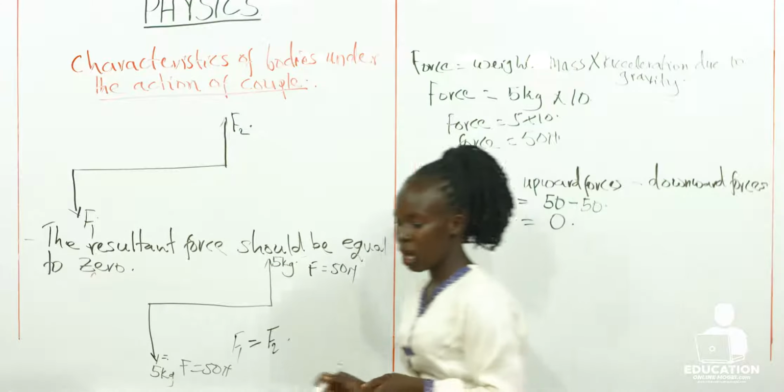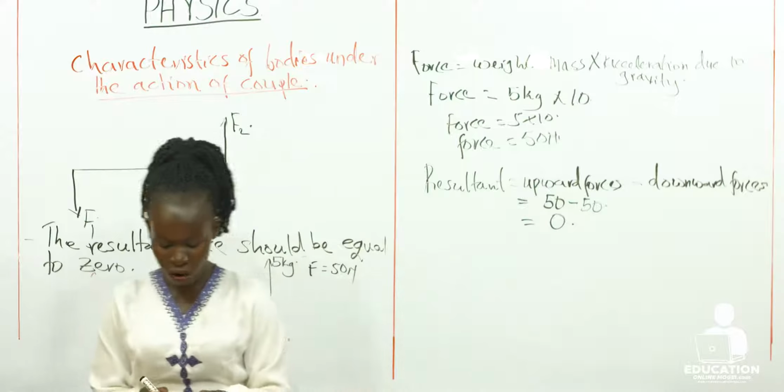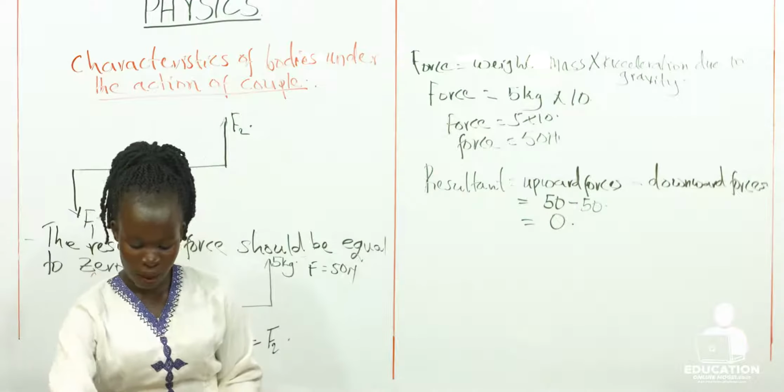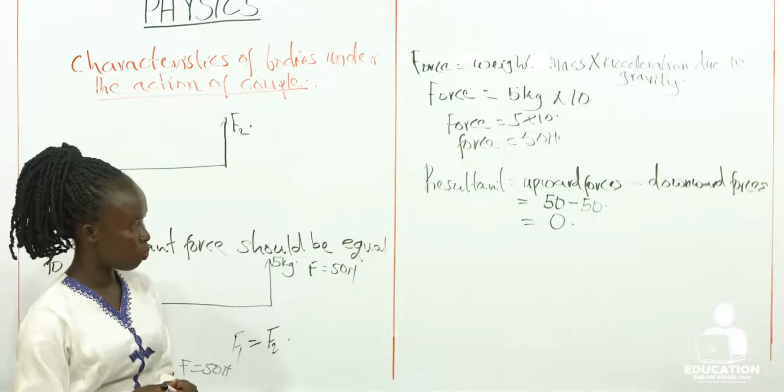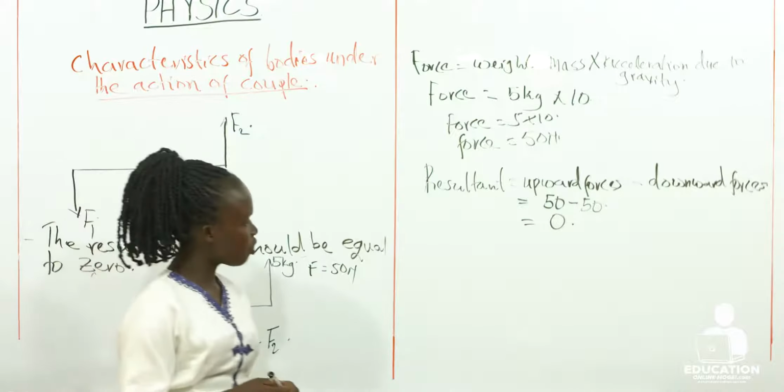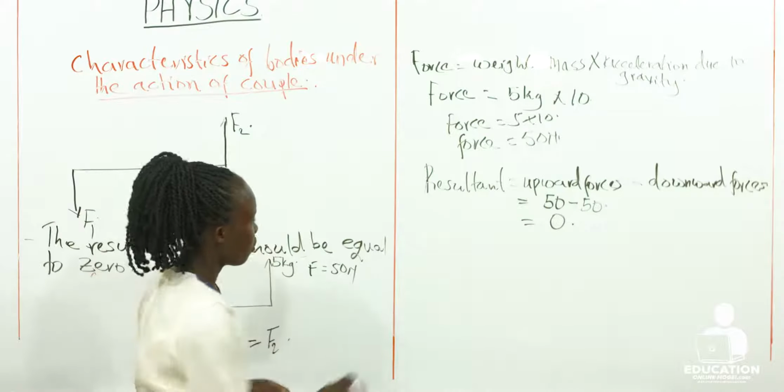So let us look at another characteristic of a body under the action of a couple. We are saying that the turning effect of the force should cause rotation. So let's have it here.